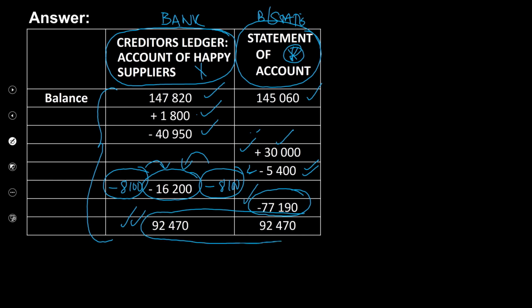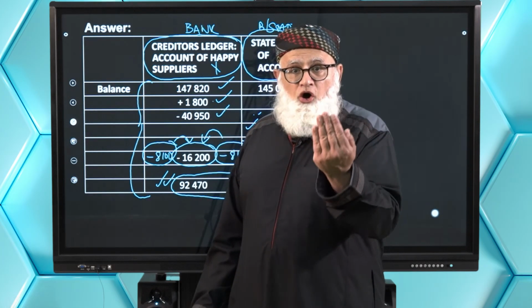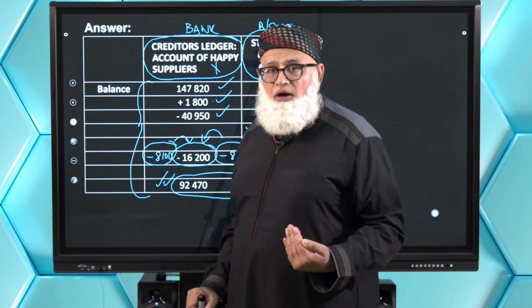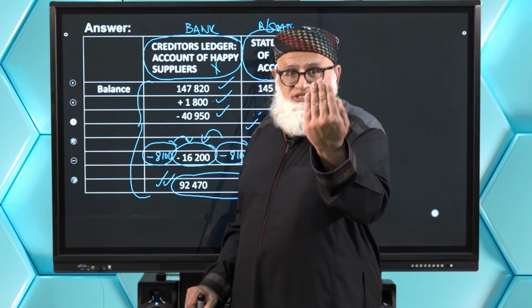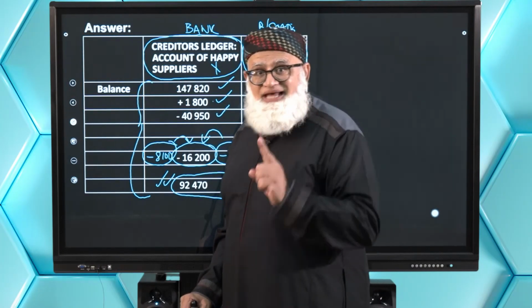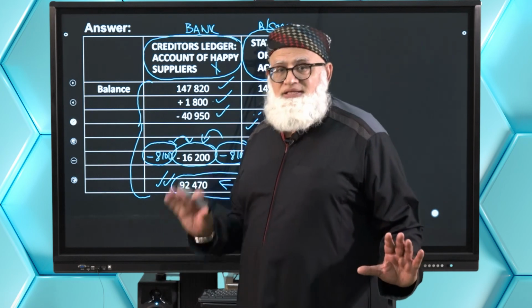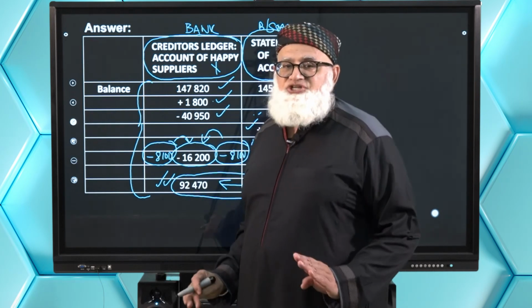What have we done? We have reconciled the ledger account of happy suppliers in our ledger account. We have reconciled their account with the statement that we received from them, and clearly you can see now everything is in order because we have reconciled the statement with the ledger account.